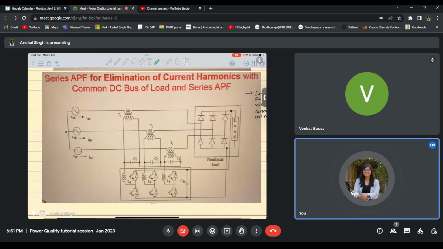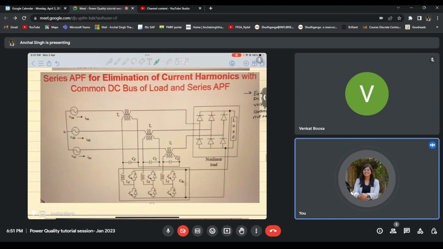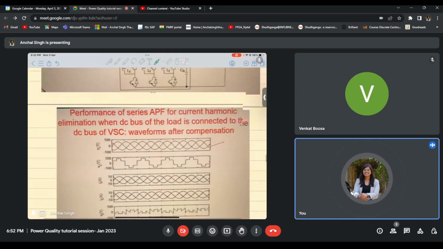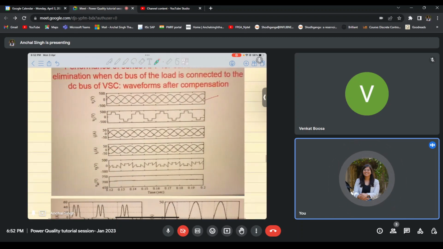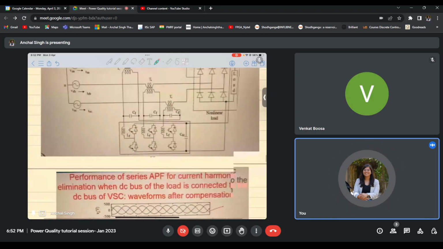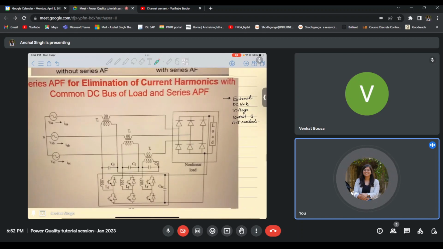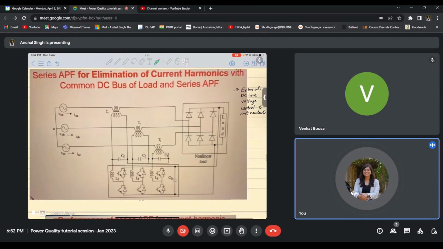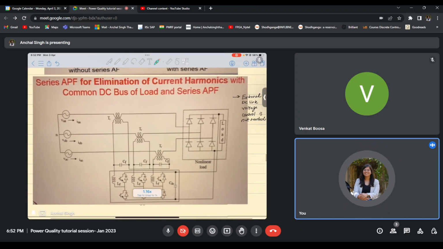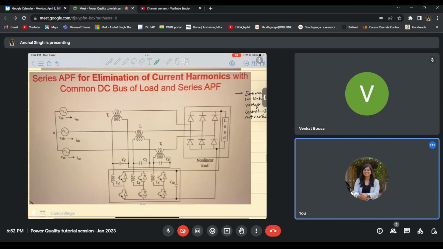Then there is one case in which the DC link of the load and the DC link of the active series filter are connected. This is a special case. In this case also we obtain similar waveforms, but you need to take care of these kinds of connections. The advantage of this topology is that initially, in order to maintain the DC link voltage, we had a loop, right?